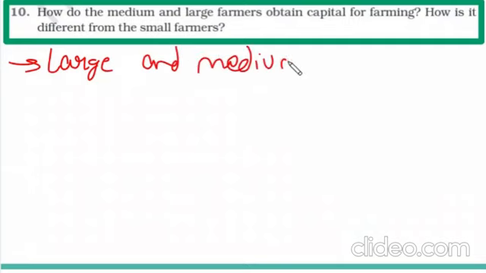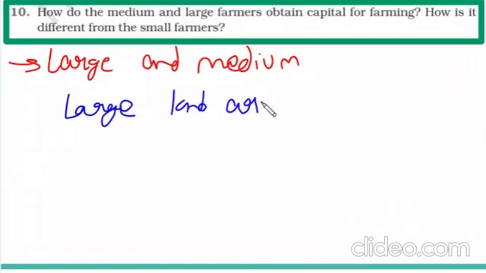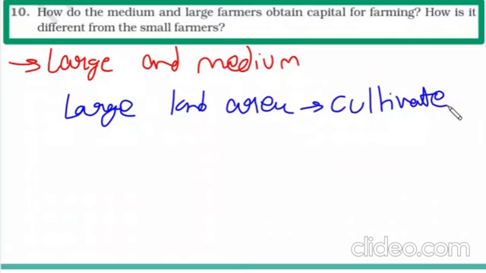What is the first thing? They have a good amount of land, a large land area. As they have a large land area, they can cultivate more, so more yield will be there, right?